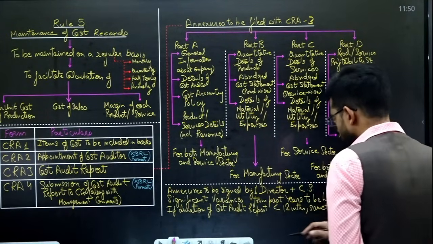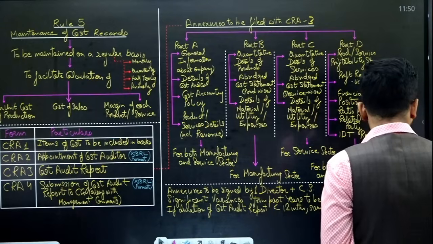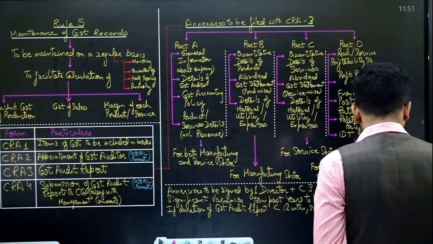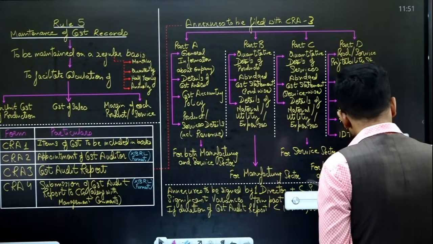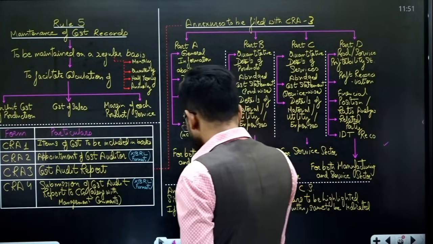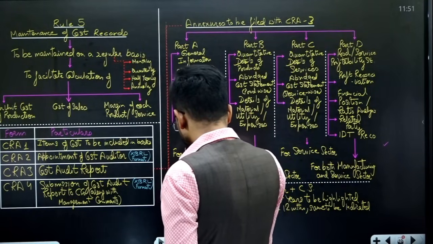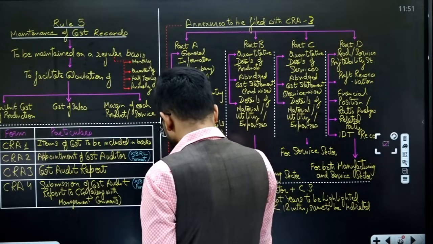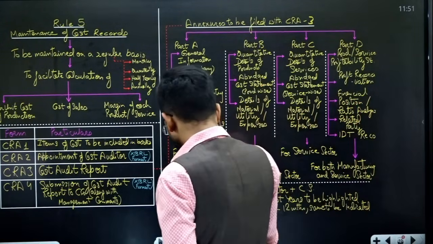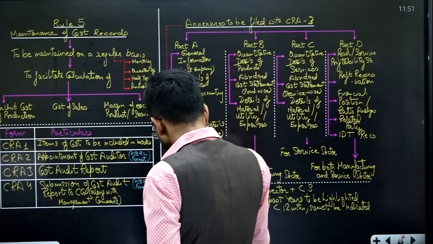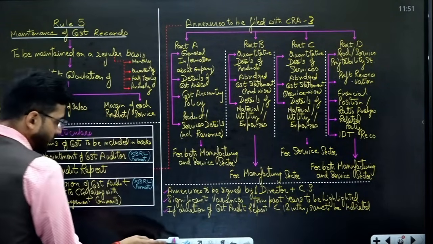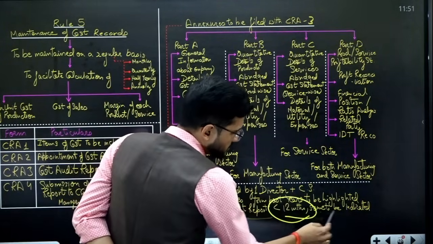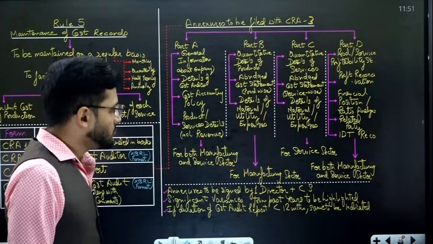Okay. Then the third one is if duration of the cost audit report is less than 12 months, same should be indicated.